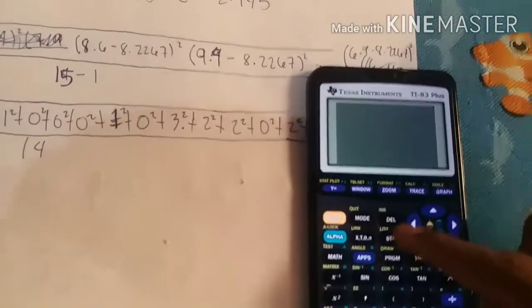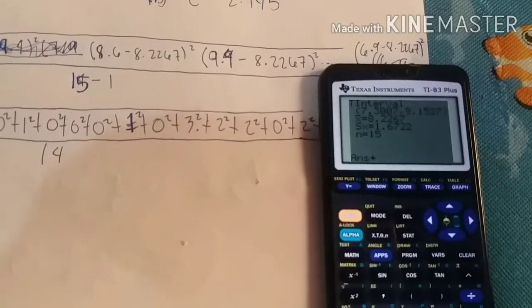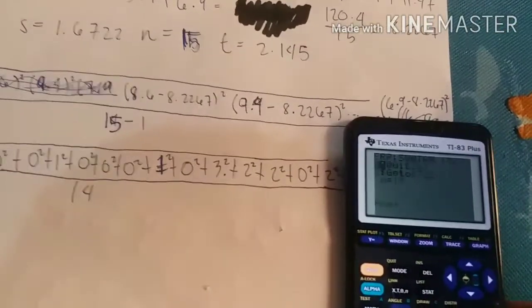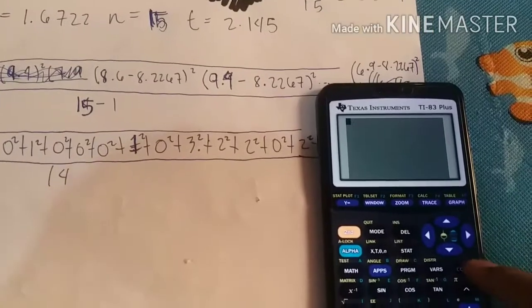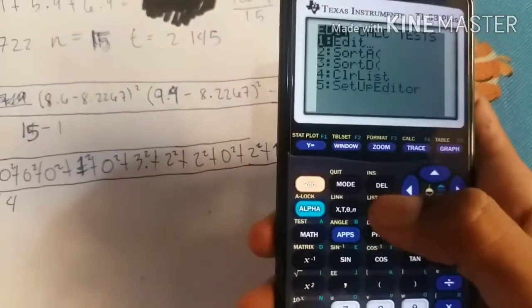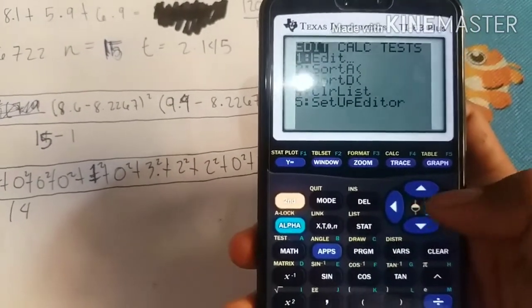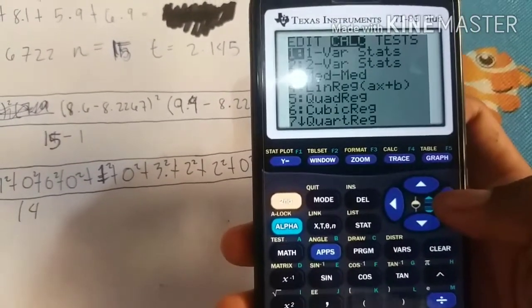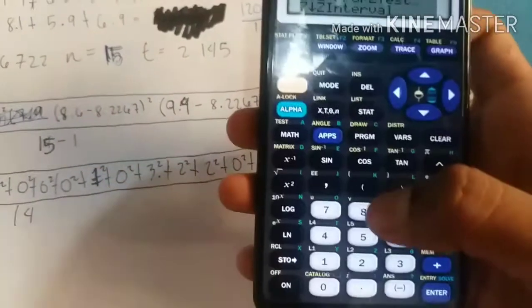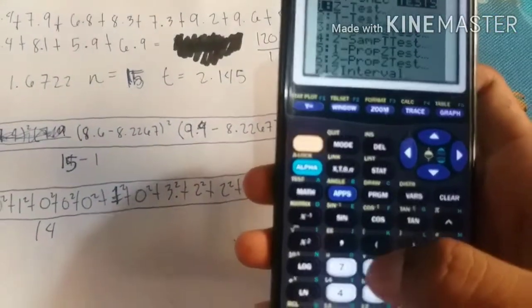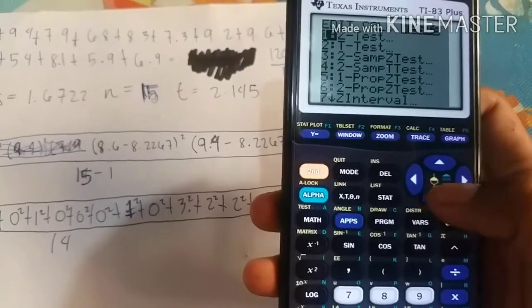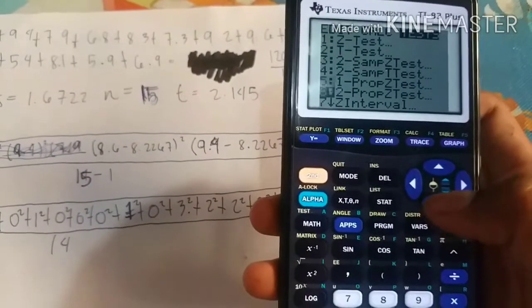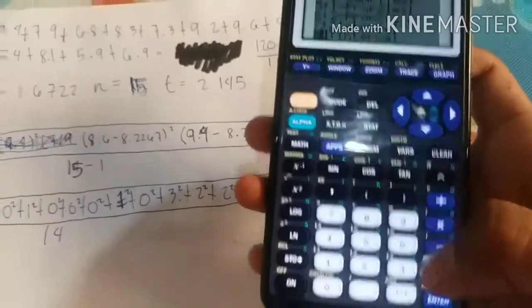Wait lang po. So press stat, test, press 8, or scroll down and enter.